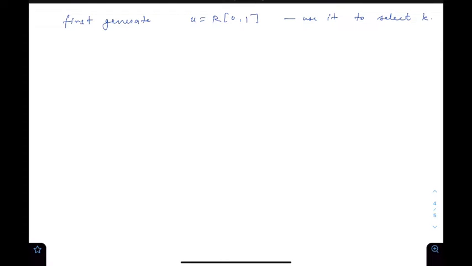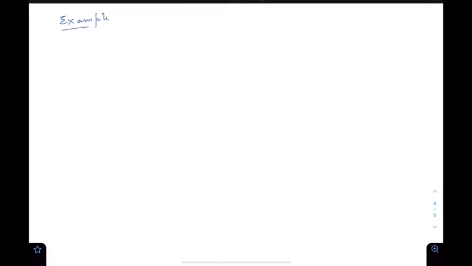Now let's look at an example. It's a demonstration of the above methods. Let's say we take the PDF f(x) equals 1 plus x squared. That must be noted. So we take it in the region from -1 to 1.